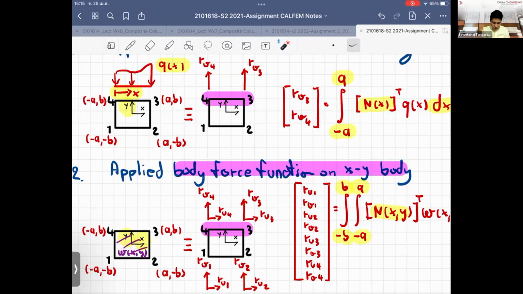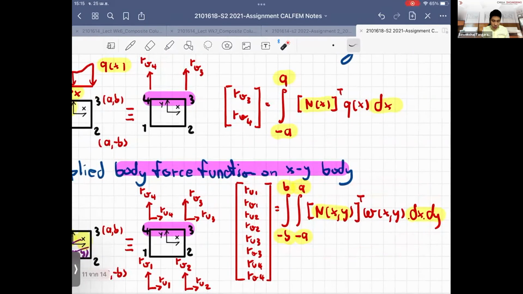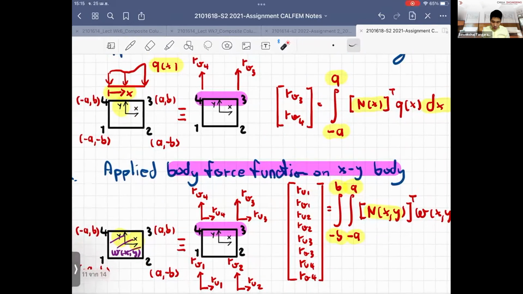By having this, you can use a double integration over the area to derive how much of the force should be applied at the coordinate of each node per element. And when you assemble all the elements together, the way we assemble them is simple.